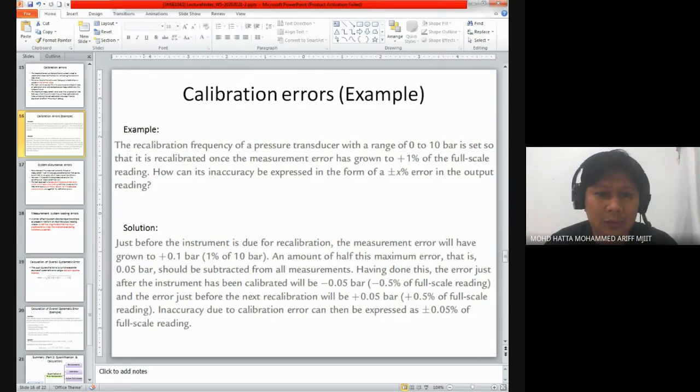Okay, first, the solution over here: just before the instrument is due for recalibration, the measurement error will have grown to 0.1 bar, or 1% of 10 bar.